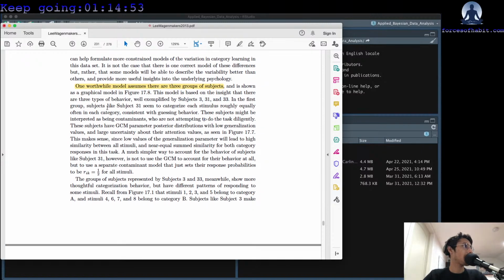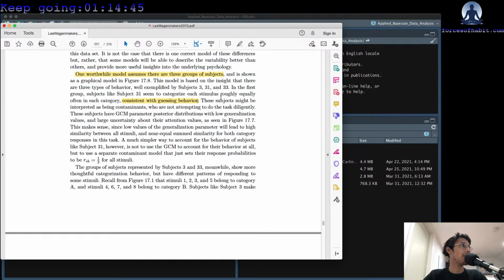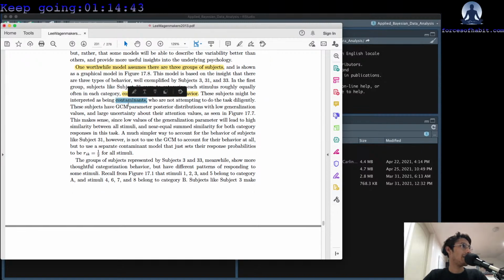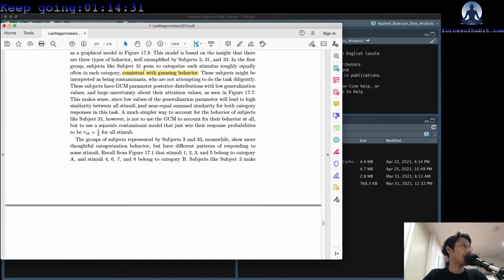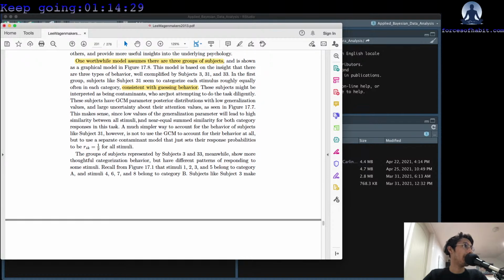In the first group, subject 31 seems to categorize each stimulus roughly equally. This is consistent with guessing behavior. So we have guessing behavior, a contaminant, as we were saying. So it would be important to control or account for guessing behavior.